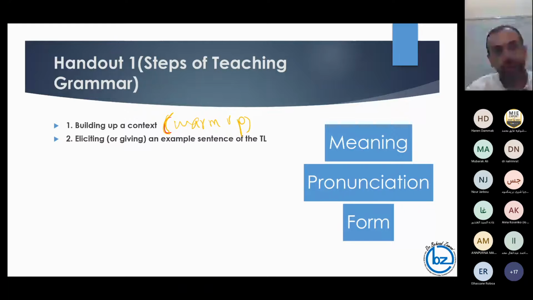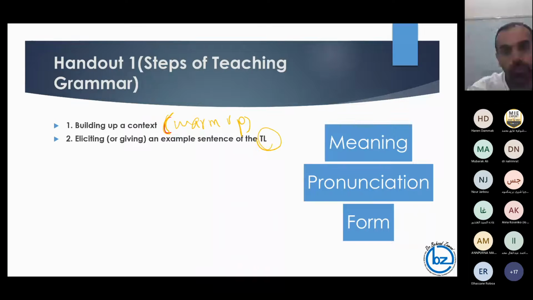From the context that you have created, you want to elicit, or if the elicitation has not been done properly, you want to give them an example sentence of the target language. It's one approach.